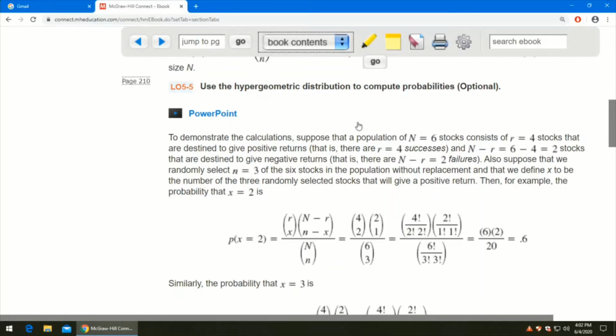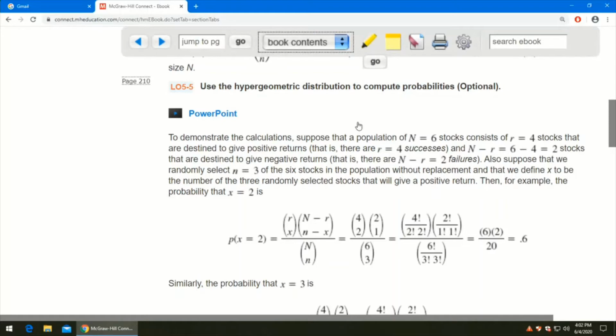We want there to be 4 stocks that could potentially give us a positive result. In this case, this is 4, as you can see. If 4 is the success, then the negative of success is the complement. So N minus R would be 2, which will give us the negative return.